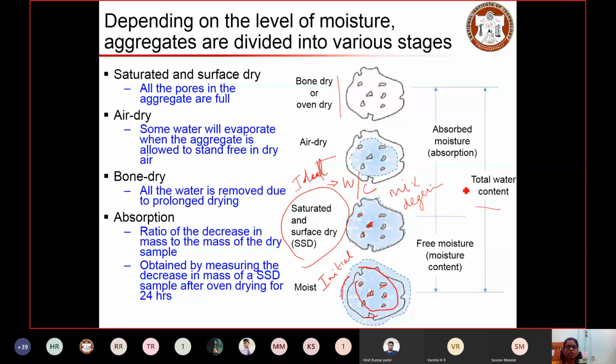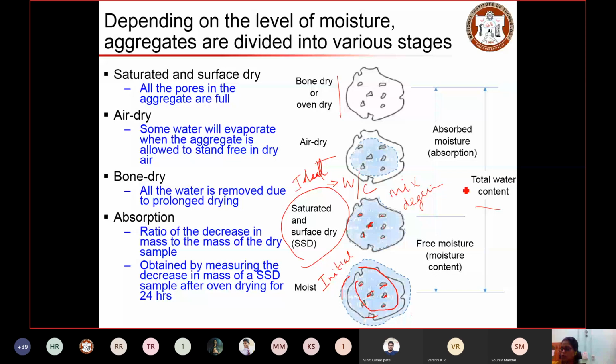So when the aggregate is exposed in the condition, it has a tendency to absorb some moisture from the environment. So we can calculate that absorption between the cases where we have the saturated surface dry condition and the oven dry condition. The difference between these two will give the amount of moisture absorbed.